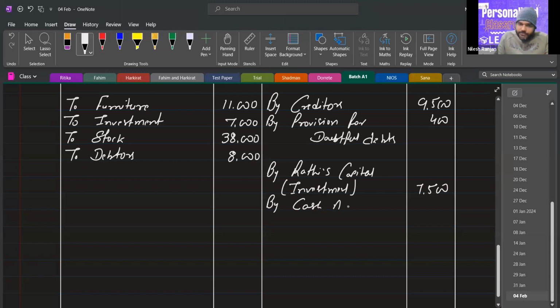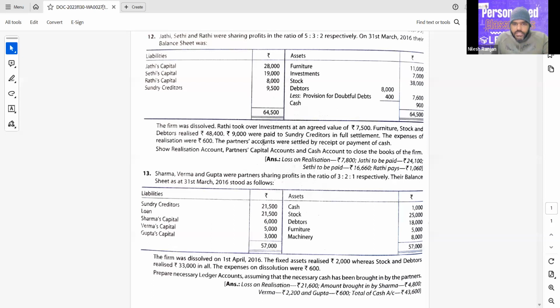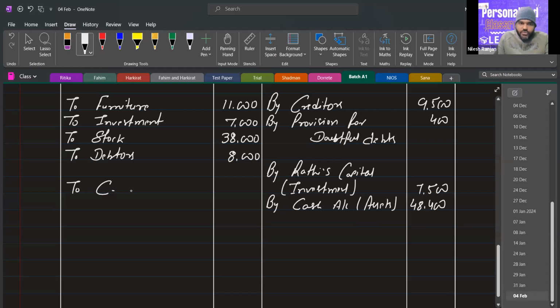So by cash account, if these are written separately, then we will write every item separately. But the amount is together, that's why I'm writing here assets 48,400. 9,000 were paid to sundry creditors in full settlement. So to cash 9,000, creditors.